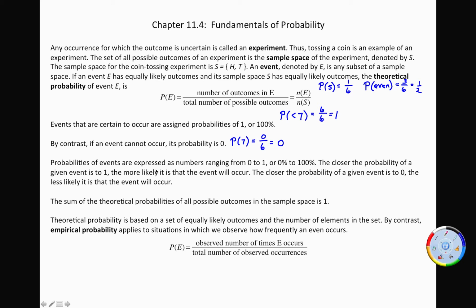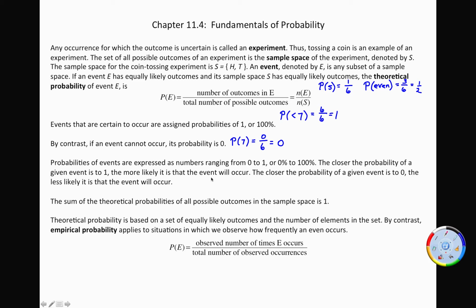Probabilities of events are expressed as numbers ranging from 0 to 1 or 0% to 100%. We normally are going to leave our probabilities as fractional or decimal values. You could convert those values to percent if you want, but typically we leave probabilities with fractions or decimals from 0 to 1.